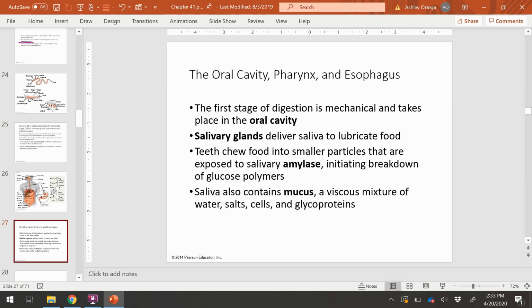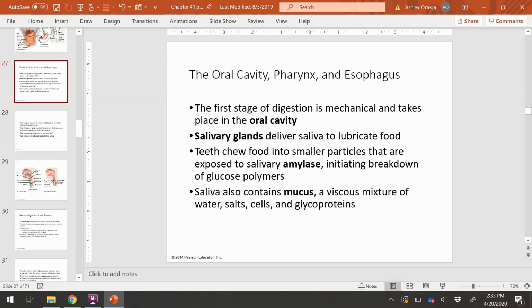And this is a viscous mixture of water, salts, cells, and glycoproteins that will help in digesting and breaking apart that food. Not to mention the saliva is slightly acidic in nature to help destroy any bacteria that comes with the food.